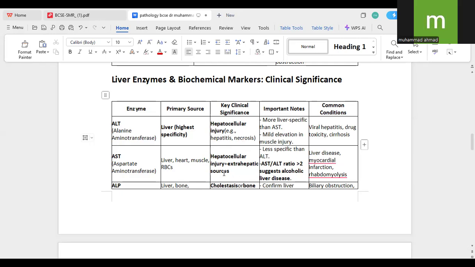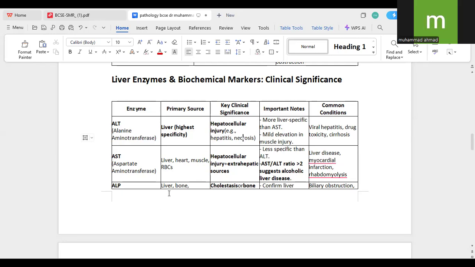Basically, AST is not only released from the liver. It is also released from outside the liver, but this is also liver specific. Also can be seen in myocardial infarction and rhabdomyolysis.